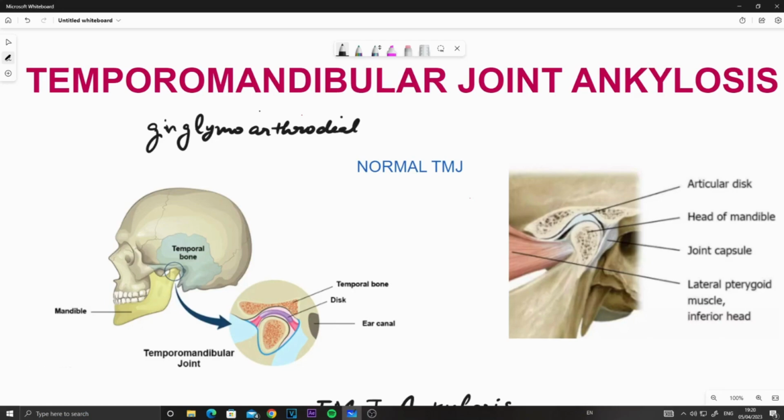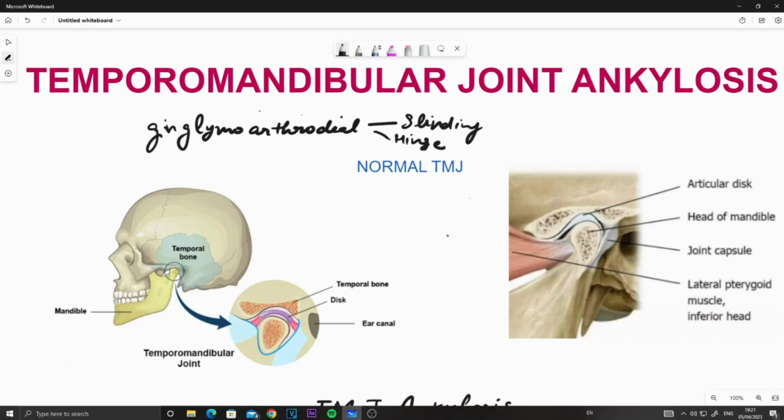Which basically means that this joint shows sliding movement and hinge movement both. This is the reason that in prosthodontics we can calculate various movements and the orientation, jaw relation, and other features.